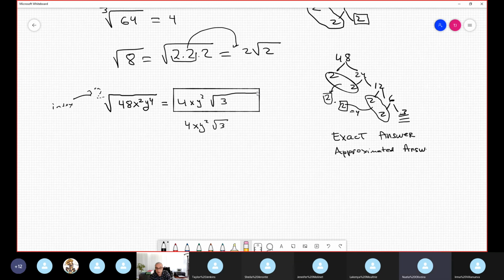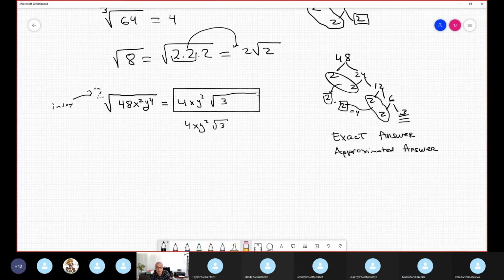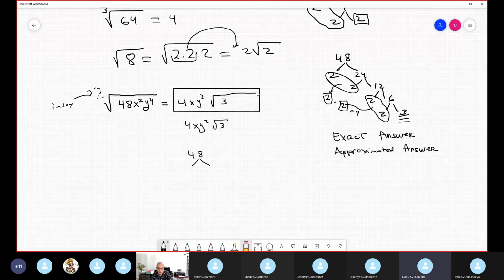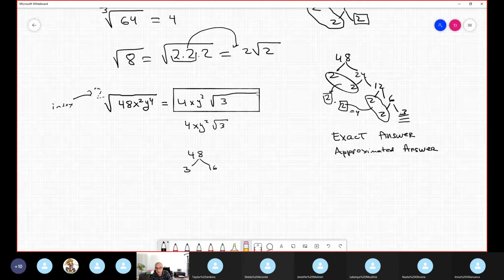Okay? What was my example? 48. I have a perfect root, right? It's another possibility. Instead of doing this division, you do it that way. Look. You break it down, 3 and 16. Because 2 times 2 is 4, times 2 is 8, times 2 is 16.